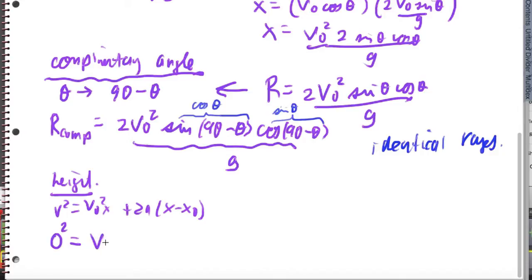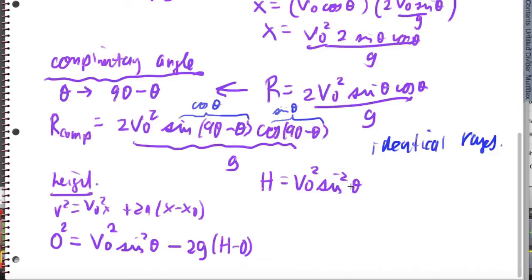My launching speed in the y direction is v0 squared sine squared theta minus 2 times g times h, the height I get to, minus my starting position of 0. When I isolate height, I'm going to get h equals v0 squared sine squared theta all over 2g.